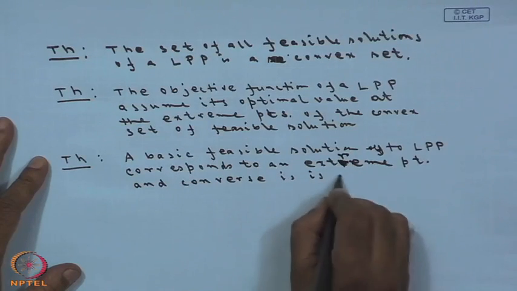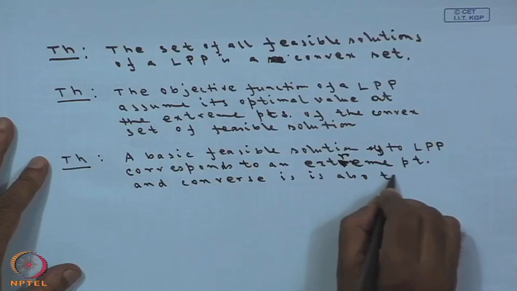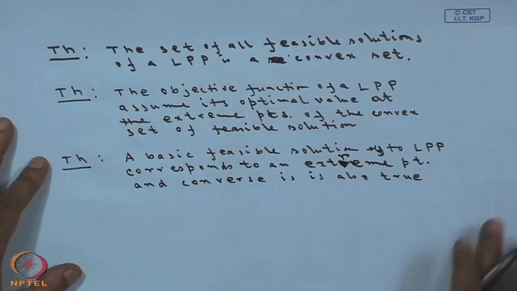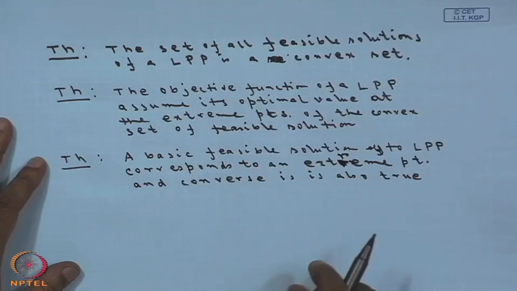This is another thing. So, here we are telling a basic feasible solution corresponds to nothing but the extreme point. So, once I know the extreme point, from there I can find out what is the basic feasible solution, and from the basic feasible solution I can tell what is the optimum value, and the converse is also true, that is if I know the other way around then also I can tell the same part.